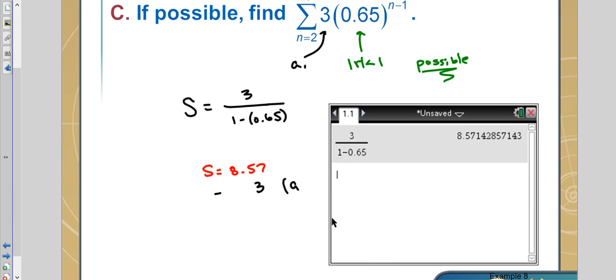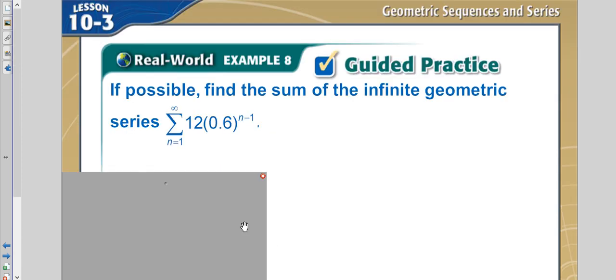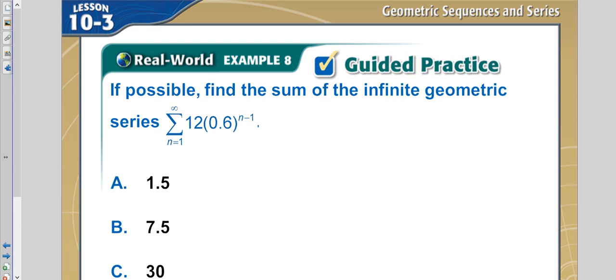So I'm going to subtract a sub 1, and this will say that the sum from n equals 2 to infinity would equal 5.57. That's actually going to be our answer because we do not include the first term. Okay, so that's a little tricky on this one. So your turn to find this out. Luckily for you, you're starting from 1, so you won't have to do any special tricks.